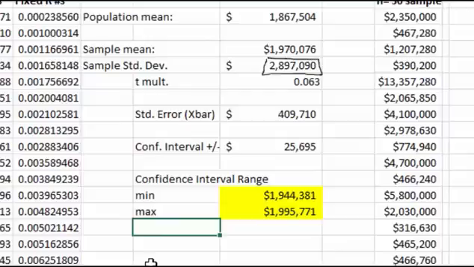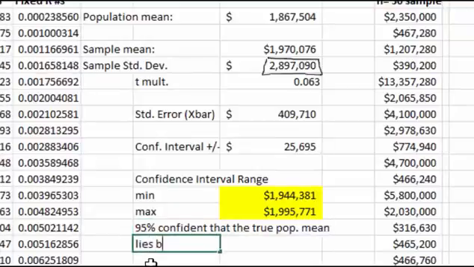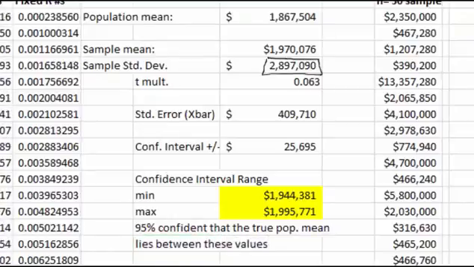What I'm saying is that we're 95% confident, or that we could say a 95% probability, that the true population mean lies between these values. And our sample mean, sure enough, is between those values.